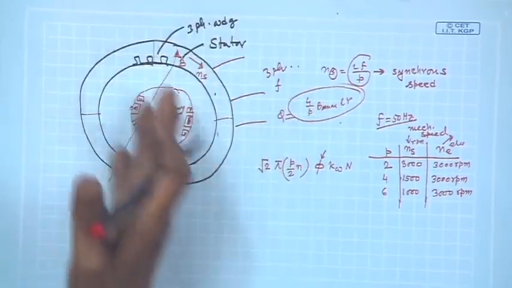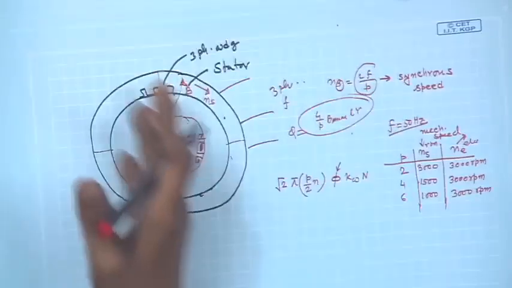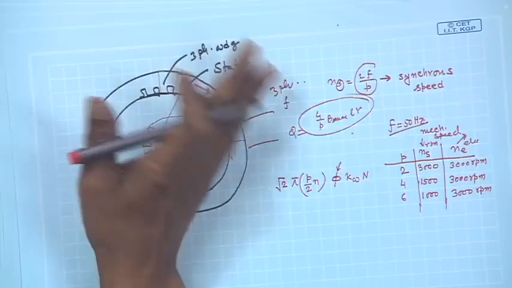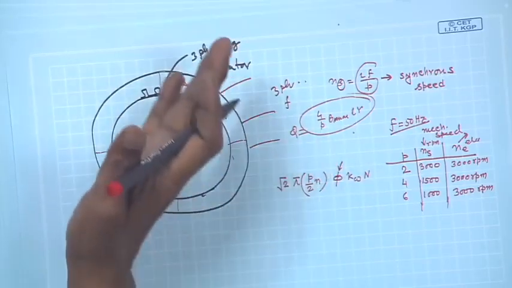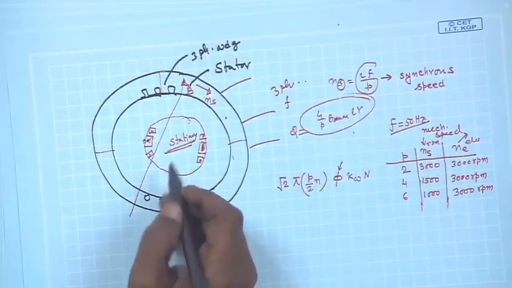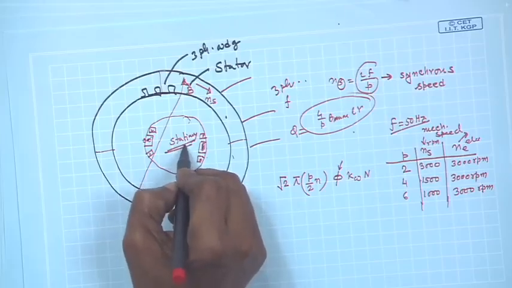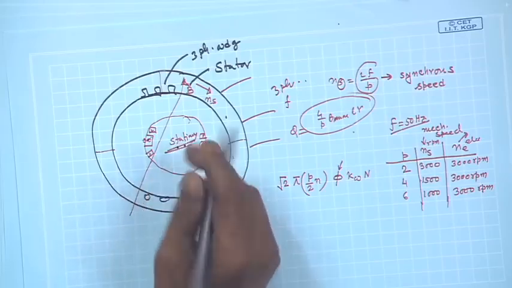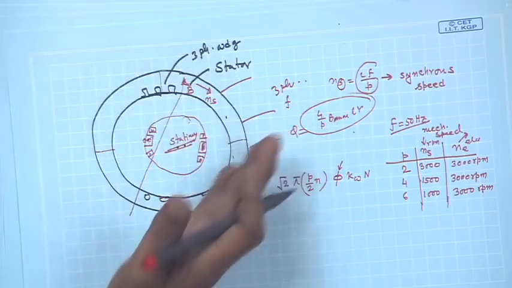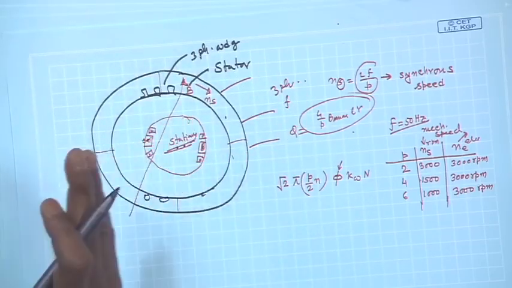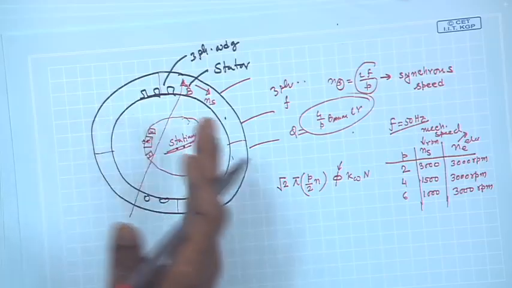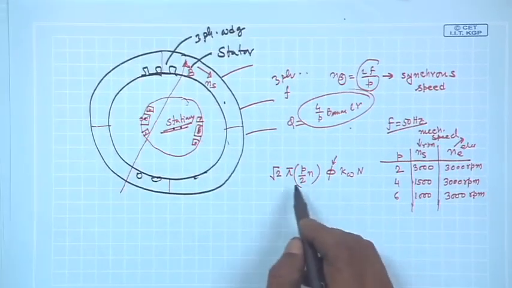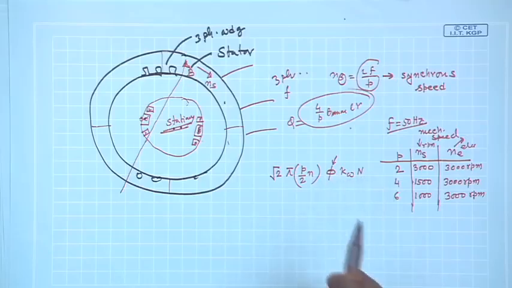In this case, there is nothing mechanically moving. So, 3 phase supply, rotating magnetic field, coils are stationary. This fellow is also stationary, I have not allowed it to move, it is held. Therefore, flux linkage changes, there is supposed to be induced voltage, and what will be the induced voltage? We have found out earlier, root 2 pi f phi k_w N.